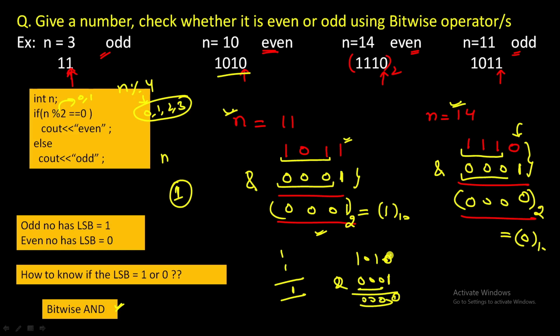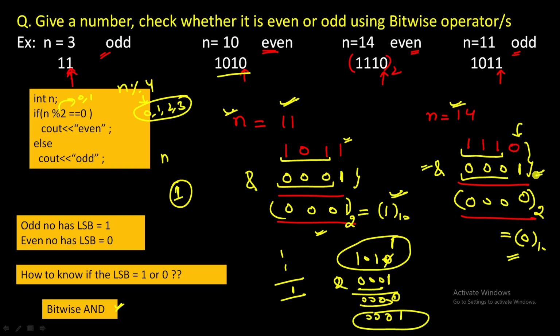And if this bit is 1, that means the given number is odd, and applying the bitwise AND gives 1. So the observation is that if I apply the bitwise AND with this mask, I will get 1 only when my given number is odd, and I will get 0 if it is even.